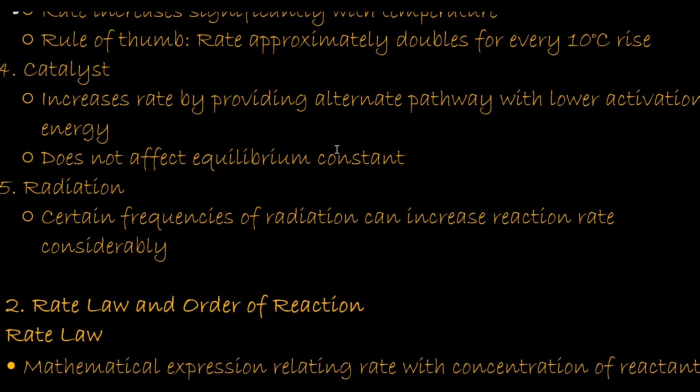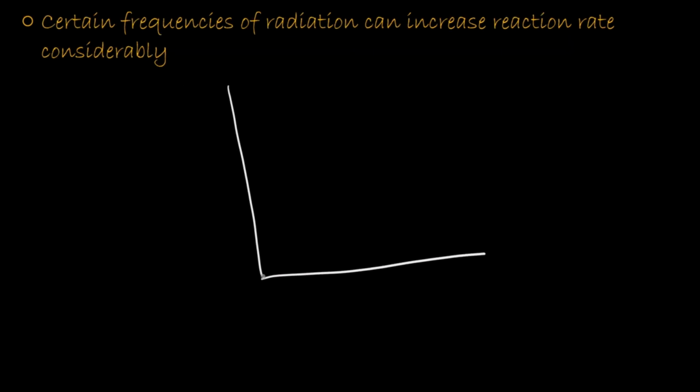Then catalyst. What is the duty of a catalyst? It will alter the rate of the reaction. If we are using a positive catalyst, it will enhance the rate, the speed of the reaction. How is it doing that? Take a graph of energy of the particles, or you can take potential energy, versus reaction coordinate.